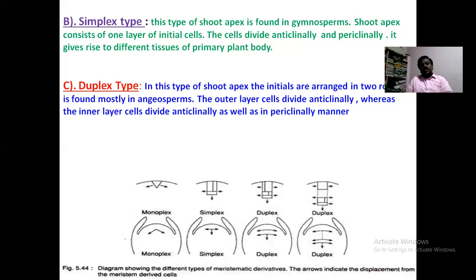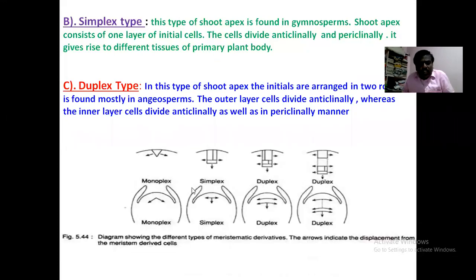You see the picture. This is monoplex, a single cell or single layer, from which different organs are produced. In simplex, the periclinal and anticlinal planes are present.